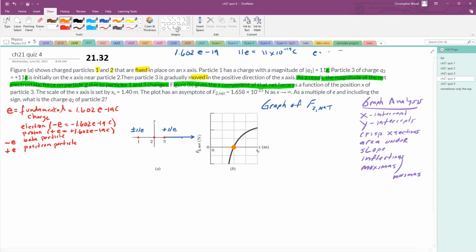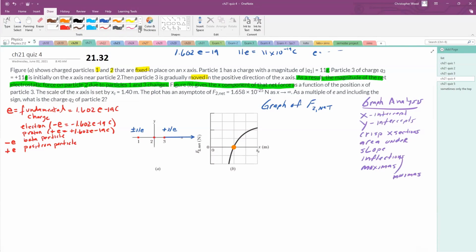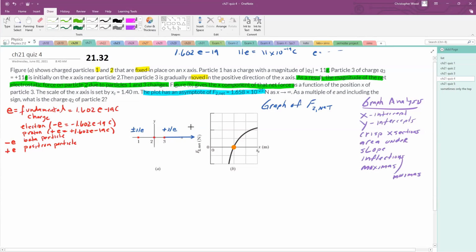And then it actually says in the problem statement, the plot has an asymptote that is given to us. So this graph asymptotically approaches that value as x goes to infinity. So let's draw that asymptote like this, and then maybe just position it.